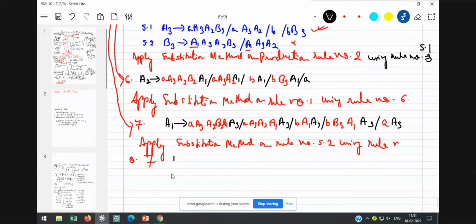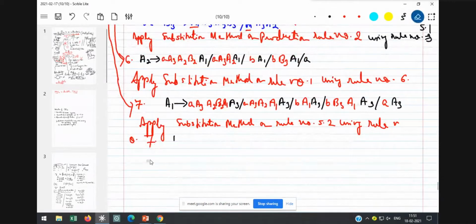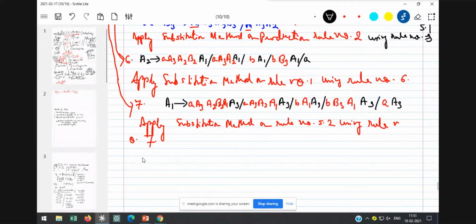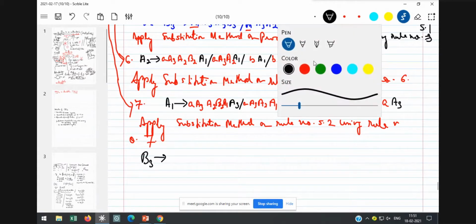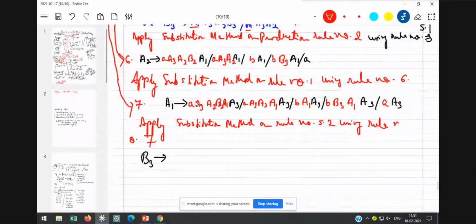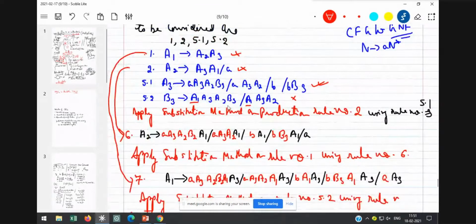Wait, I shouldn't write here. So let me write it. B3, and then let me write the A1 values first because it's going to be a lengthy one. See, B3, then A1. Let me write all the A1 values first, and then I need to leave some space for this.